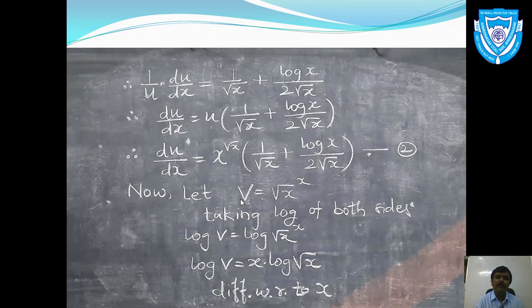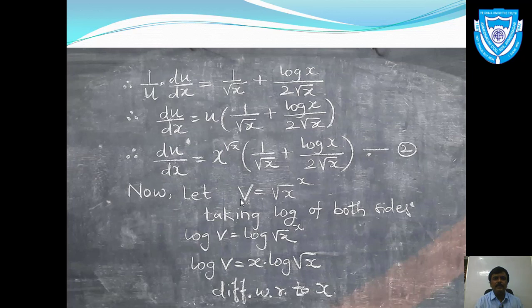Therefore we got the derivative of u as du upon dx is equal to x raised to root x into the bracket 1 upon root x plus log x upon 2 root x. Let us call it equation number 2. ये हो गया u का derivative.